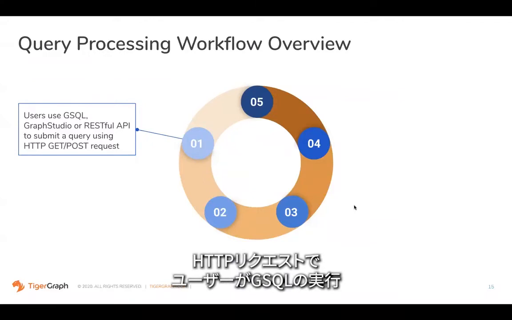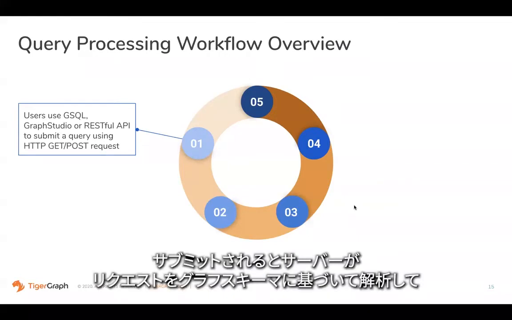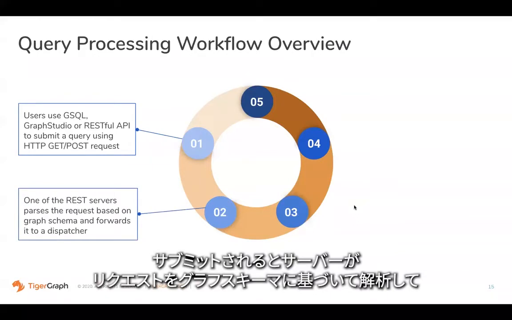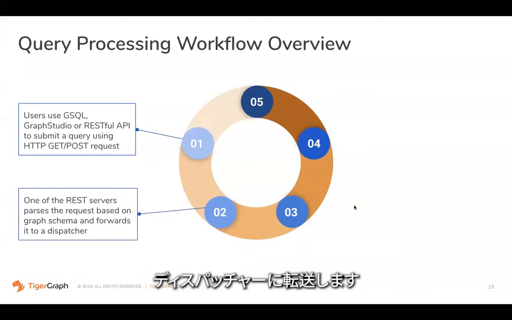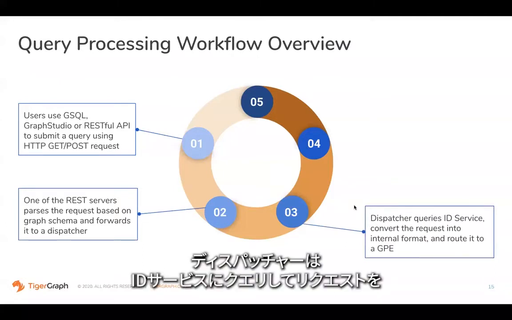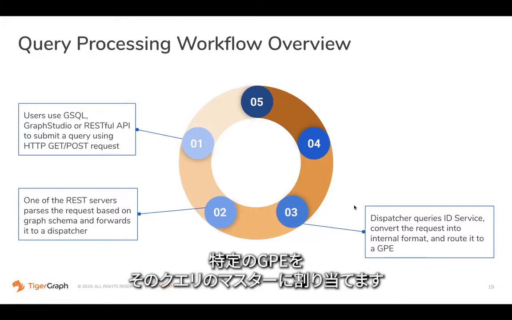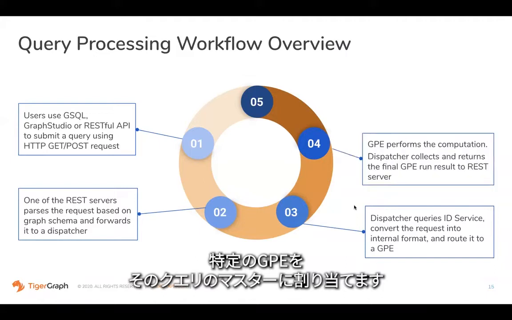So user runs a GSQL or a Graph Studio query or a RESTful API call to submit using an HTTP request. Once the user submits, the REST server parses the request based on the graph schema and forwards it to the dispatcher. And the dispatcher will query the ID service to convert the request from the external format to the internal, and also assign a particular GPE as the master for that query.